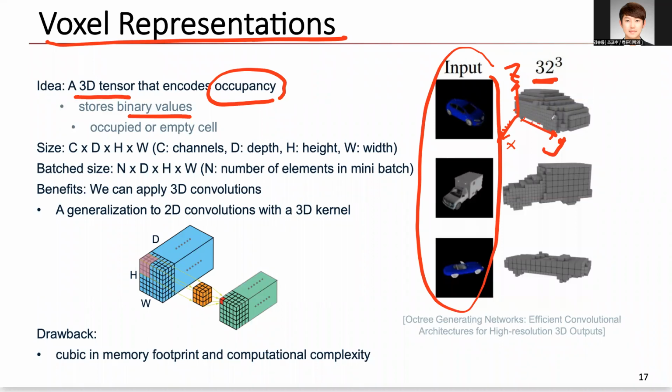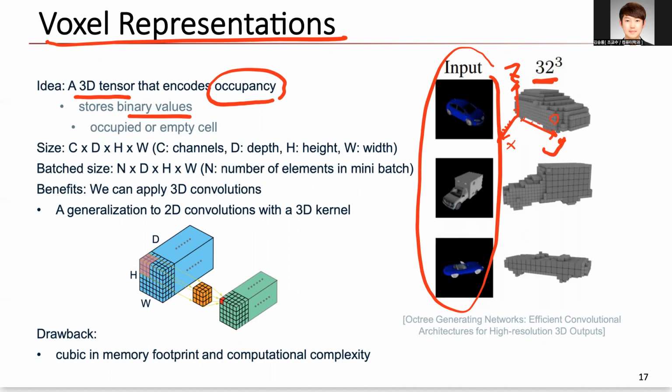So we get each block, a 3D block. Then we can assign occupancy to each block: an occupied cell or an empty cell. Then we can represent 3D information by using this technique. As you can see here, the size will be very, very huge, right?